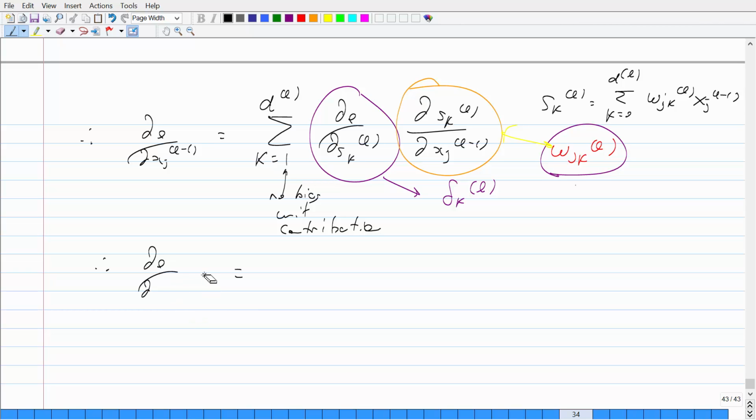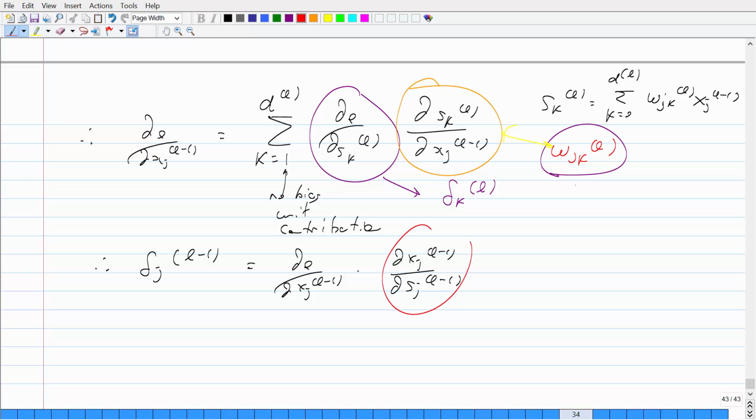So I have the sensitivity for this guy now. Okay, so I'm going to split this up. Okay, this I know from before. So I'm just going to rearrange the product. Okay, and then this guy is just the above, so this is delta.